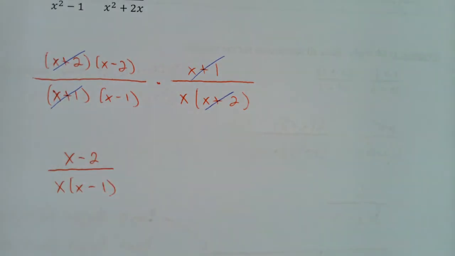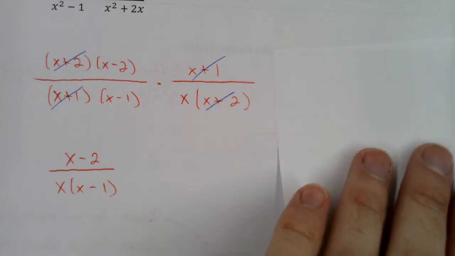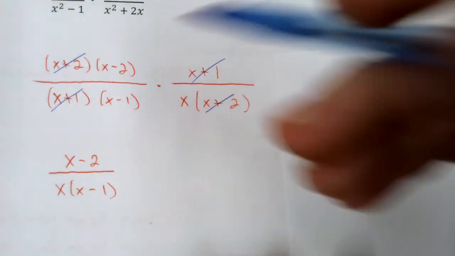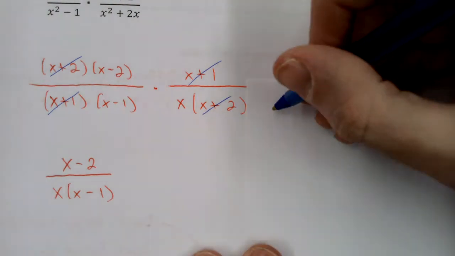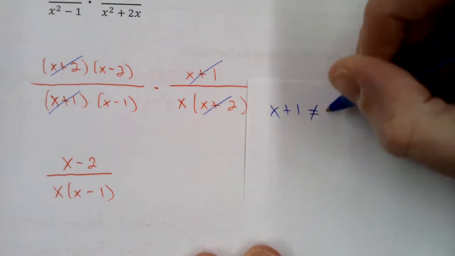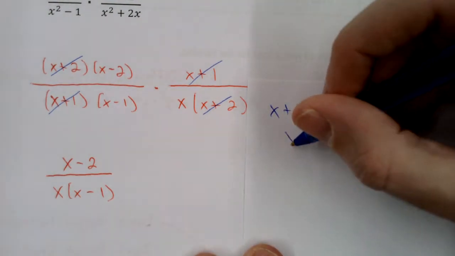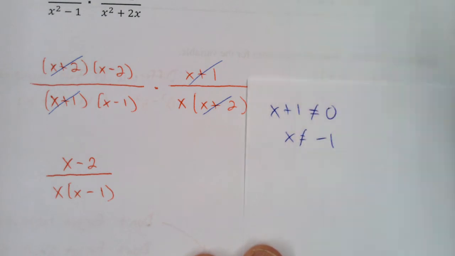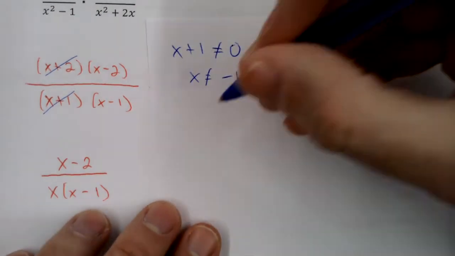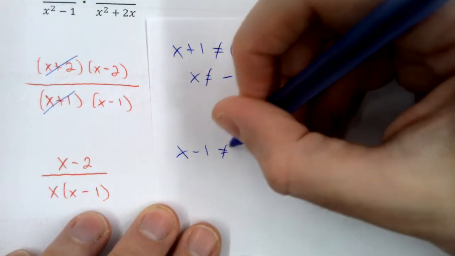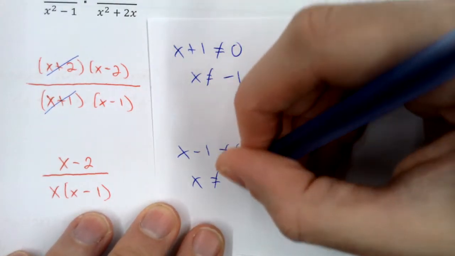Again, if you're having trouble with the restrictions, because these can give people trouble, what I'm doing is taking each factor from the denominator. In this case, this is an x plus 1, and I'm saying x plus 1 cannot equal 0. That means x cannot equal negative 1. X minus 1 cannot equal 0, so x cannot equal 1.